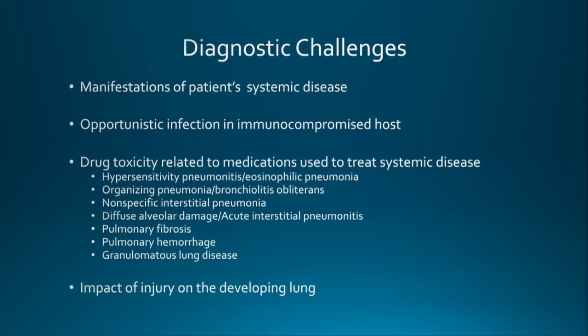And it's important to remember that drug toxicity can cause a very variable pathology in the lung that inadvertently overlaps with the pathology that's described in the systemic process. For instance, nonspecific interstitial pneumonia is both a common manifestation of connective tissue disorders, but it can also be a manifestation of drug toxicity. So it can be extremely difficult to tease out what is causing what.